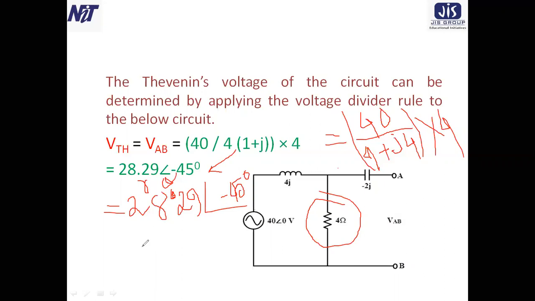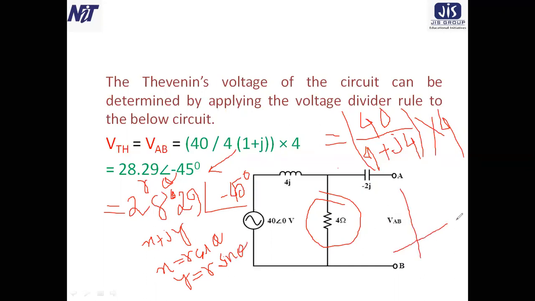It's very simple, because you know that if it is x plus jy, then x equals r cos theta and y equals r sin theta.